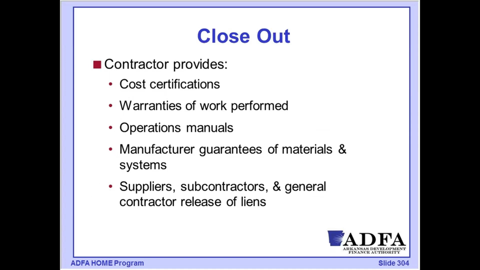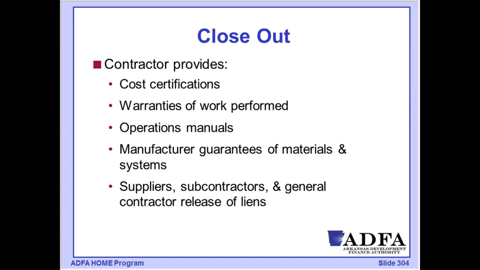For closing out our construction phase, we've finally gotten everything completed. The contractor is going to provide the cost certification so we can track and certify the costs on that job, the warranties for work that was performed, along with operating manuals, manufacturer guarantees, those sorts of things, as part of our closeout process.